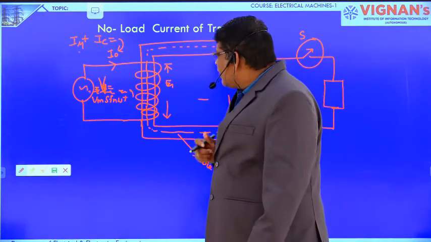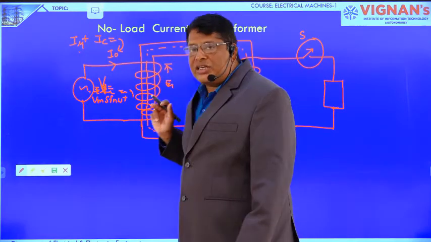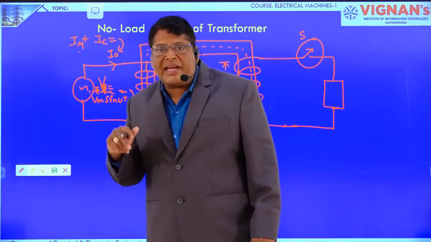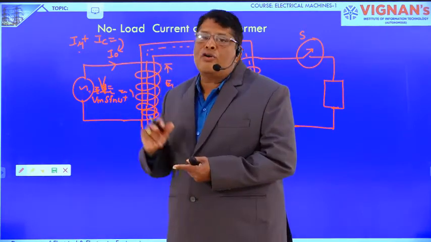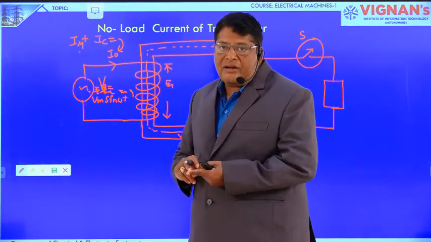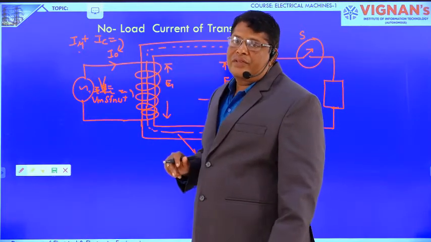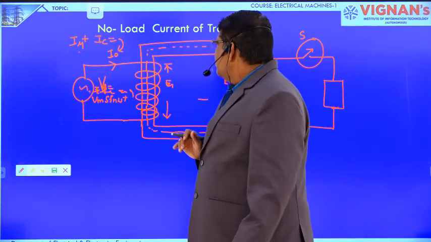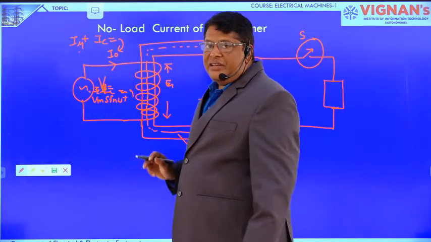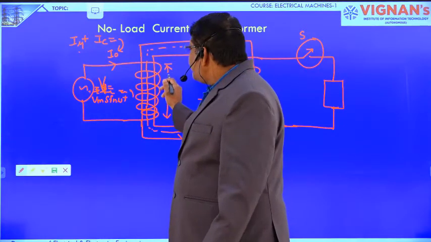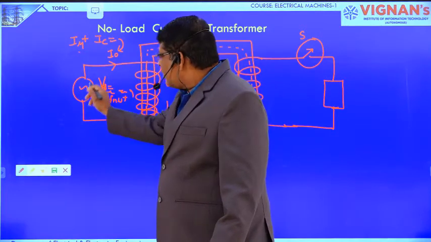This is the reason that at no load, even though we are not connecting any load across a transformer, it takes some amount of current from the source, to meet the core losses and to create a flux from the primary winding. Now one more quantity, E1, is the self-induced voltage in the primary winding, which exactly opposes the supply.